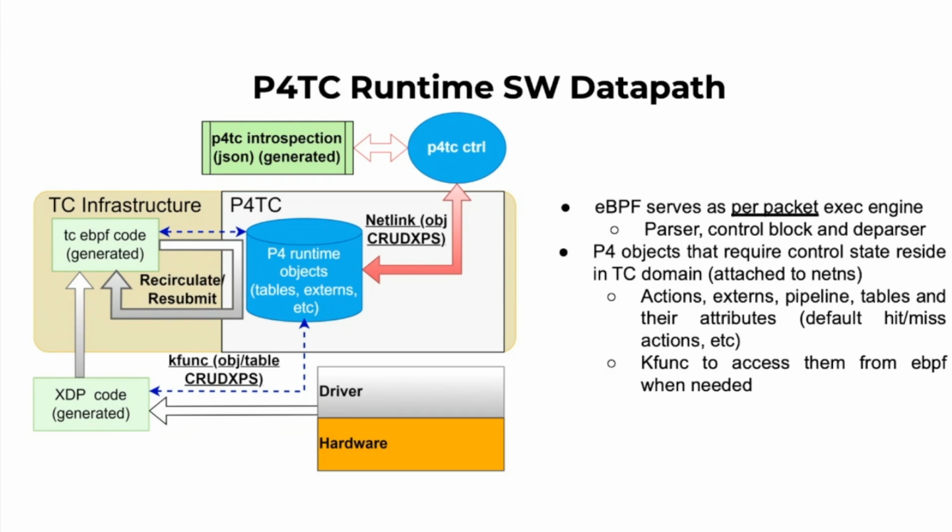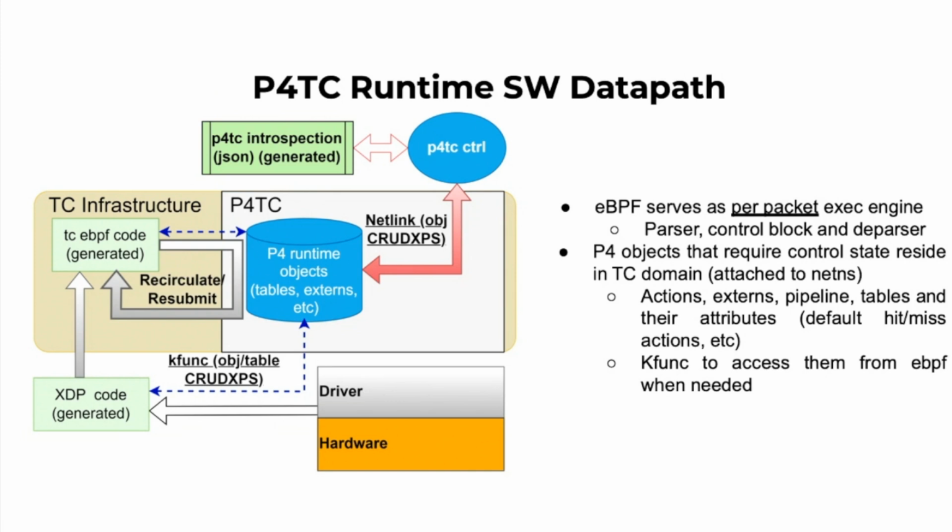At this point, in step number one, assume that the template has been installed and there are a few rules in this blue box over here. Now at runtime, when a packet comes in, we have hook points that trigger the eBPF code. First, the parser code will be instantiated, which keeps a header ready.